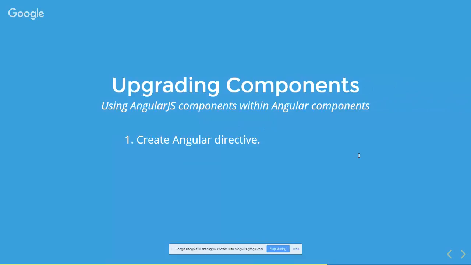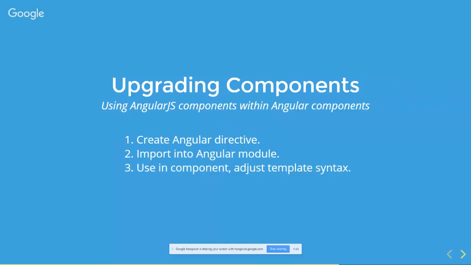It's a little bit different in that what we're going to do is actually create an Angular directive. We're going to actually leave the AngularJS component exactly the way it is, but create another Angular directive in the same file just right on top of it. And then we can actually import that into the Angular module, and it gets used the same way.